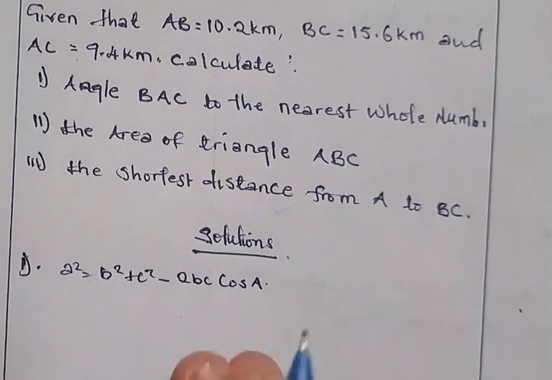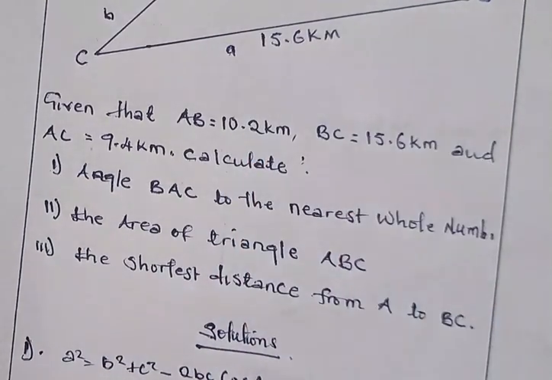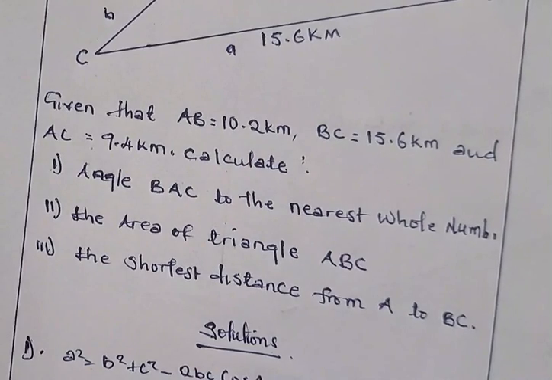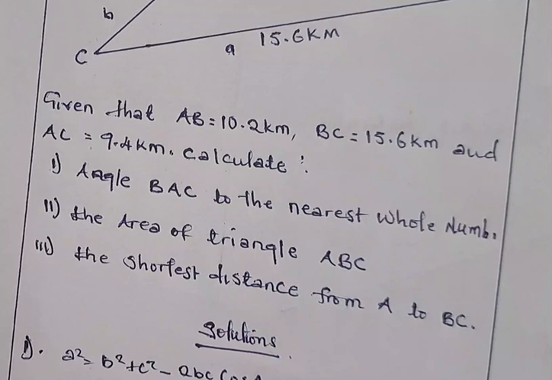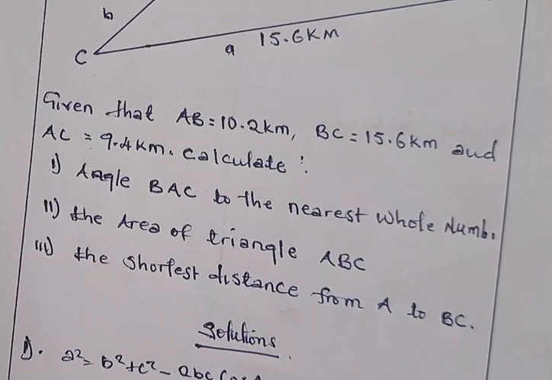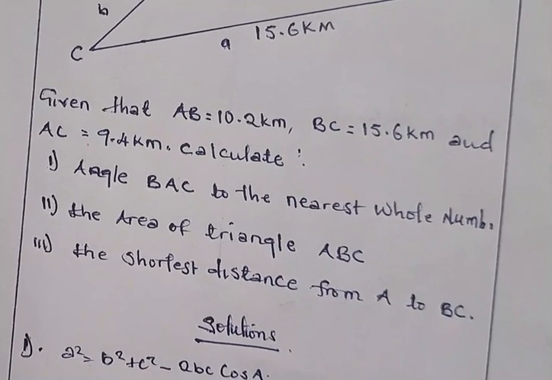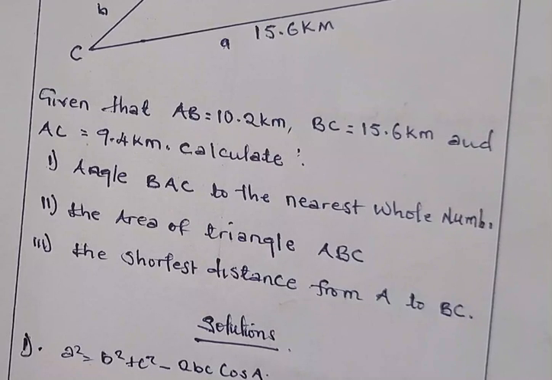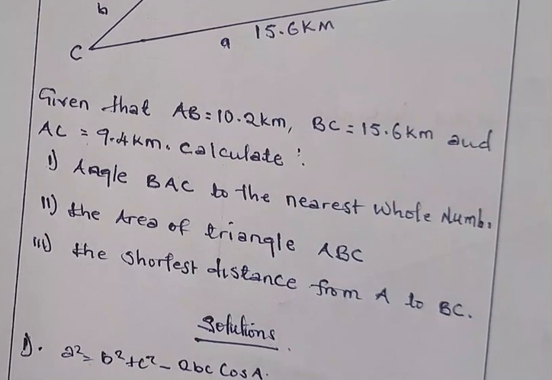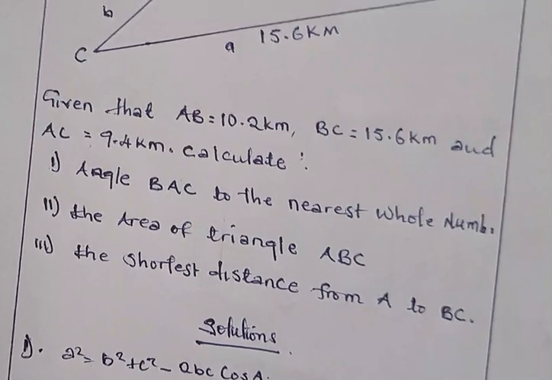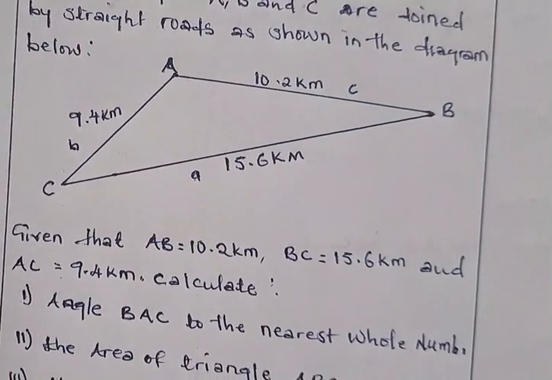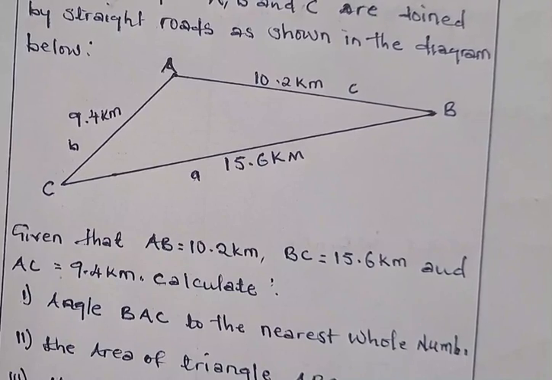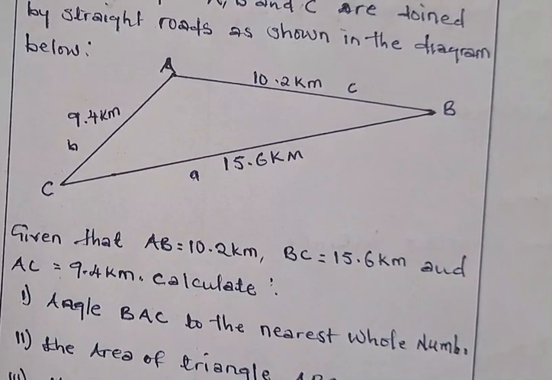So a squared, if you square this one here, it is 15.6 squared, is equal to, then b squared, which is this one here, it is 9.4 squared.